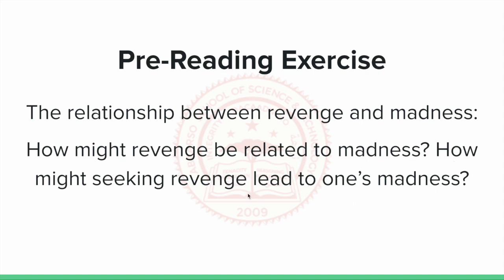There's a distinction in these two questions. In general, how might these two ideas be related? But how specifically might seeking revenge, or wanting to seek revenge, obsessing over revenge, lead to one's madness?